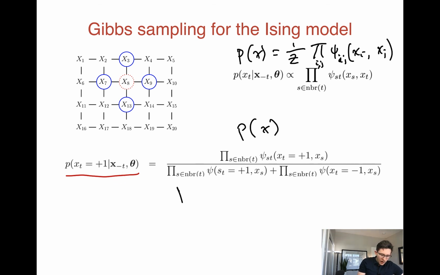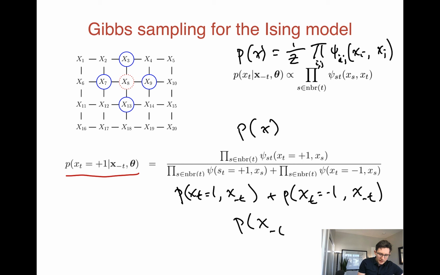Well, that's the probability of xt equals 1 and x minus t, plus the probability of xt equals -1 and x minus t. This thing is just the probability of x minus t. There are only two possible values for xt, +1 and -1, so we just have to sum over those two values.